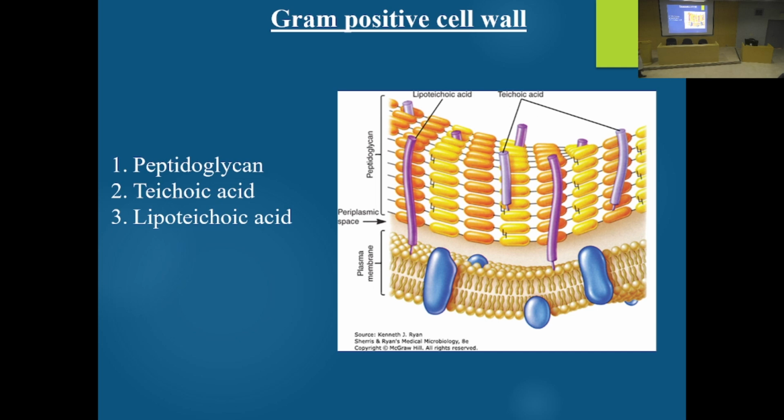So what is the composition of the gram positive cell wall? You can see here, this is the cell wall. It is made up of peptidoglycan, which is a thick layer, followed by lipoteichoic acid and teichoic acid.